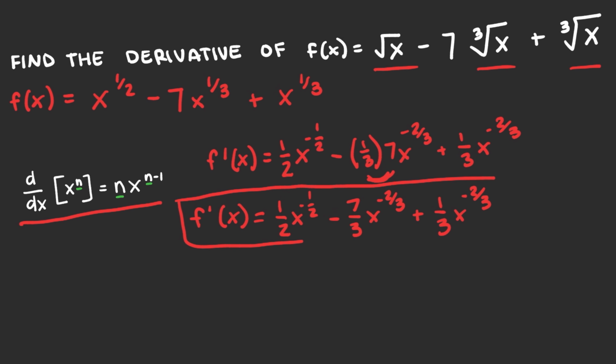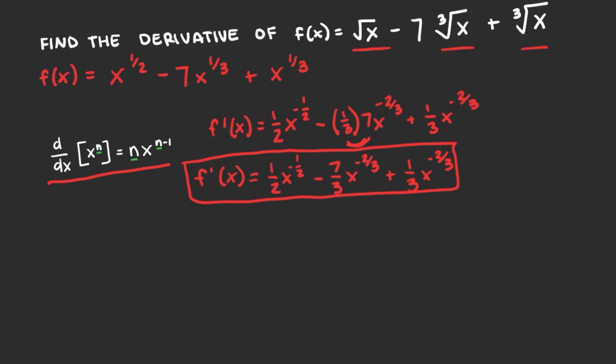So the derivative of f of x equals the square root of x minus 7 times the cube root of x plus the cube root of x would be f prime of x equals 1/2 x to the power of negative 1/2 minus 7/3 times x to the power of negative 2/3 plus 1/3 x to the power of negative 2/3. That would be our final answer for this one.